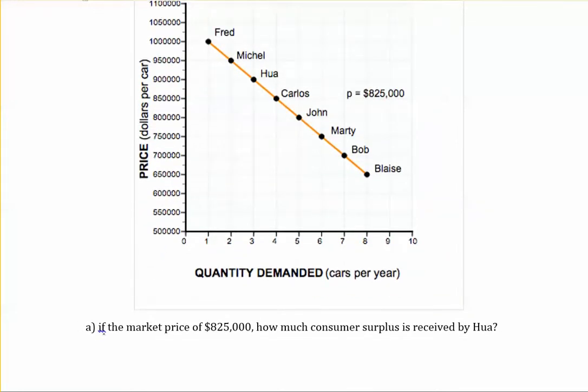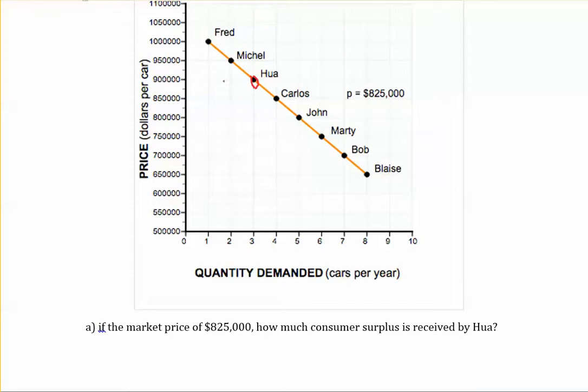The first question asks us, if the market price is $825,000, how much consumer surplus is received by Hua? So in order to figure out the consumer surplus, we first need to find the maximum amount of money Hua wants to pay. Hua is the third person on the demand curve.